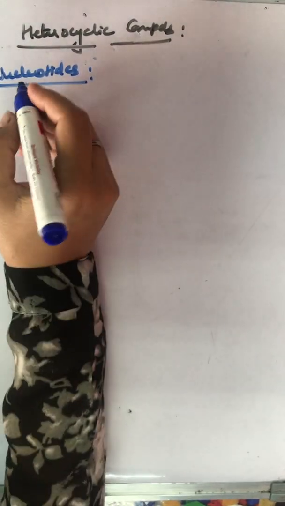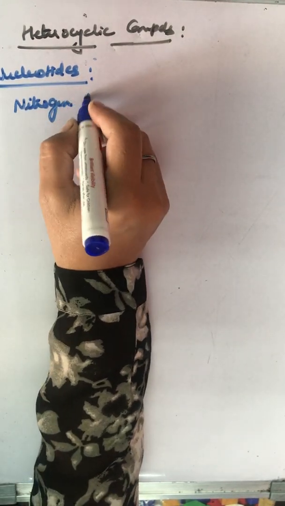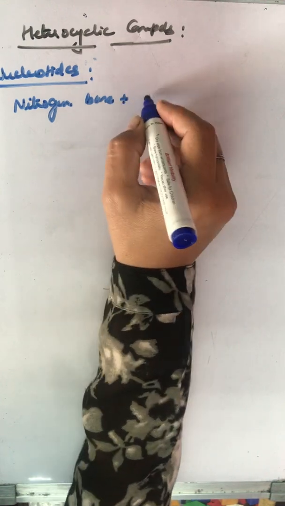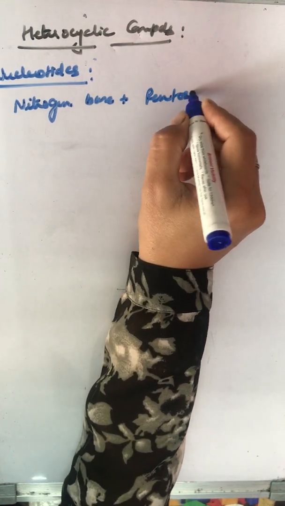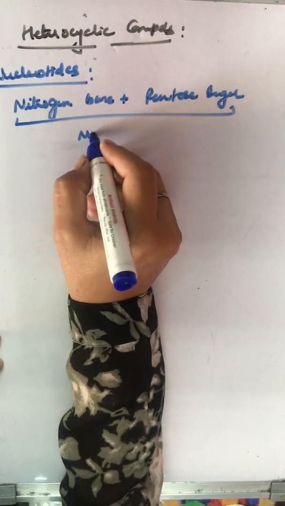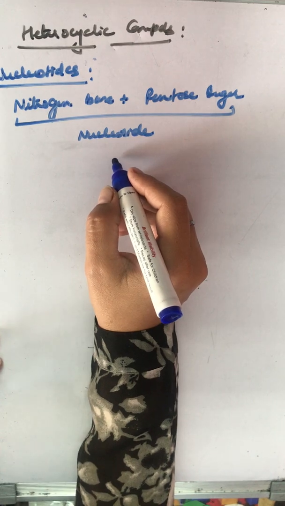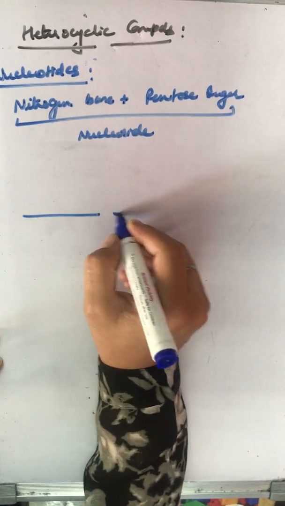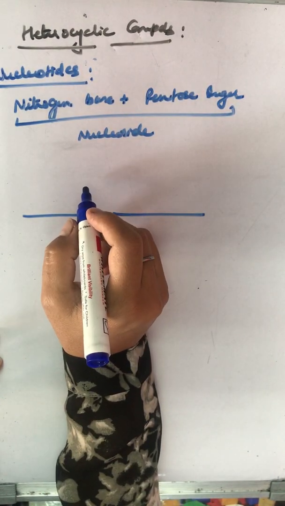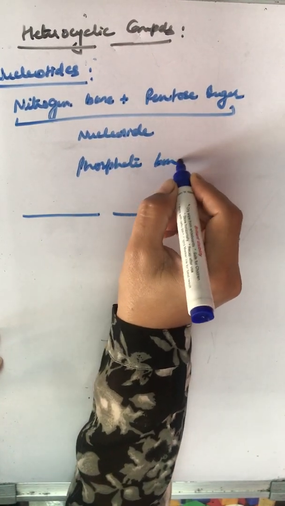Nucleotide means a nitrogenous base and a pentose sugar, which we recently called a nucleoside, attached to another nitrogenous base and pentose sugar with the help of a phosphate bond.